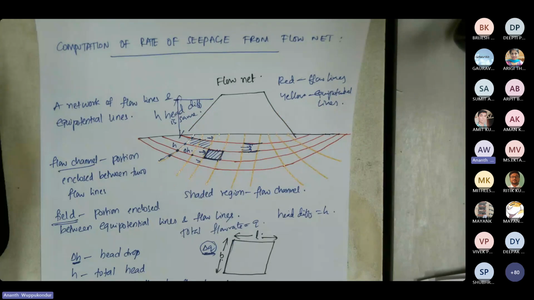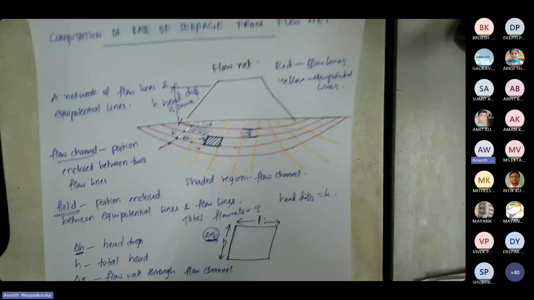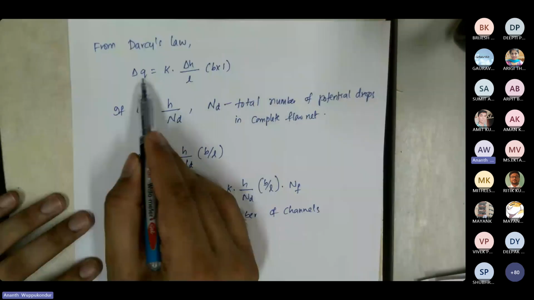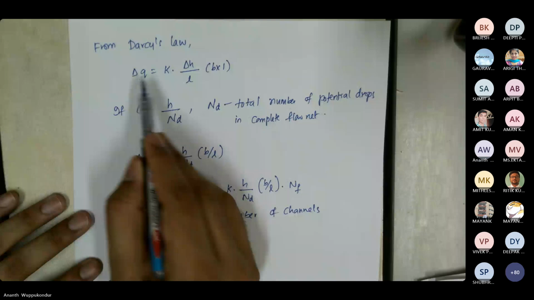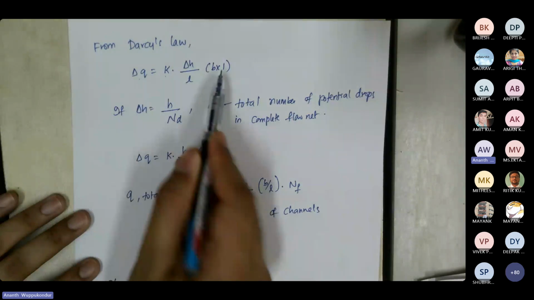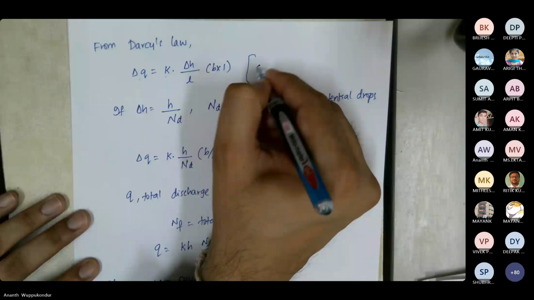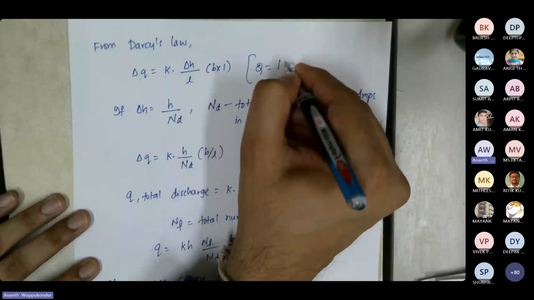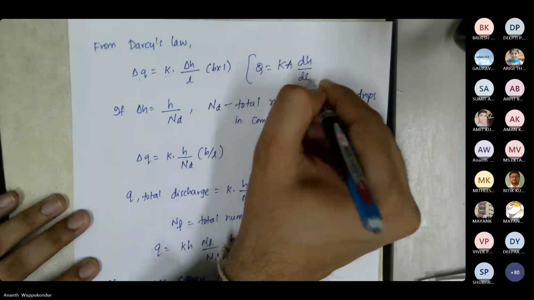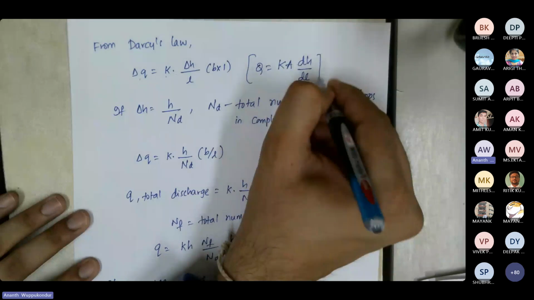Now for this square, if I apply Darcy's law, then Darcy's law is Q equals K times dH by dx times B times 1. Earlier we saw Q equals K A dH by dN. This is Darcy's law.